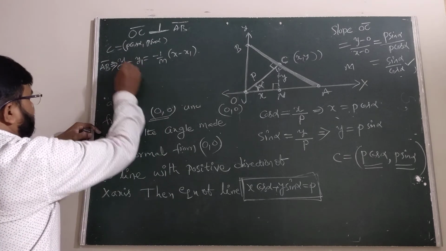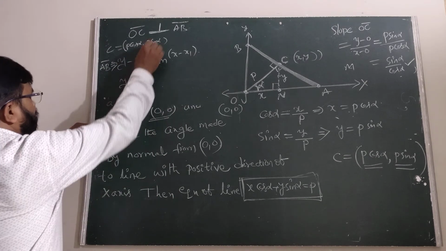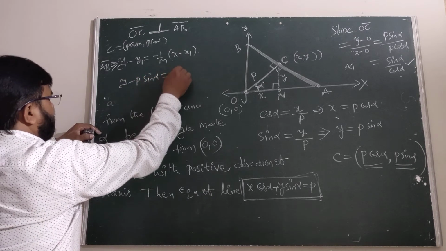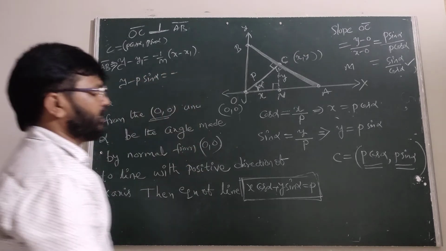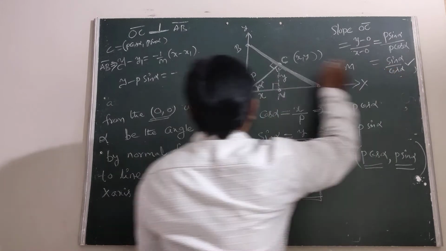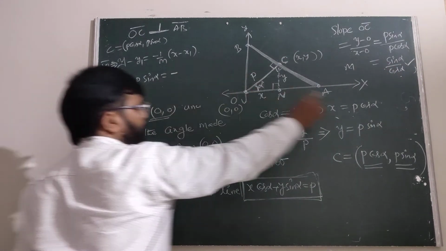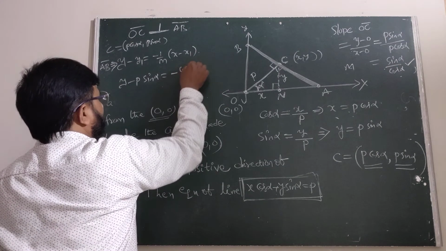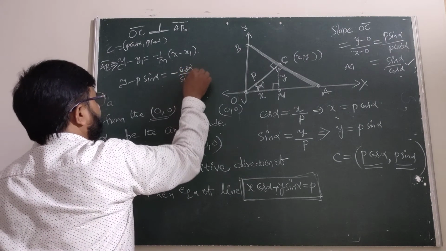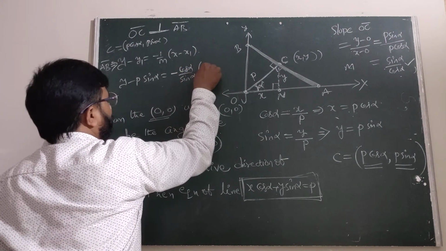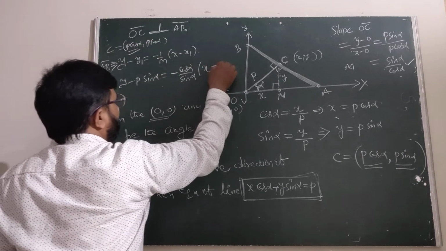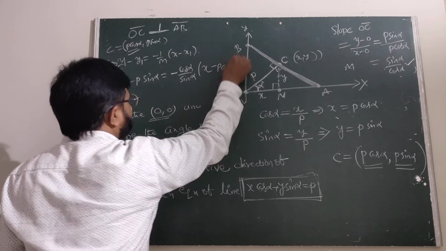That's why we can write it as y minus y1 equals p sin alpha, with slope minus 1 by m. Minus 1 by m is the minus of the reciprocal of sin alpha by cos alpha, that is cos alpha by sin alpha, into x minus x1, which is p cos alpha.